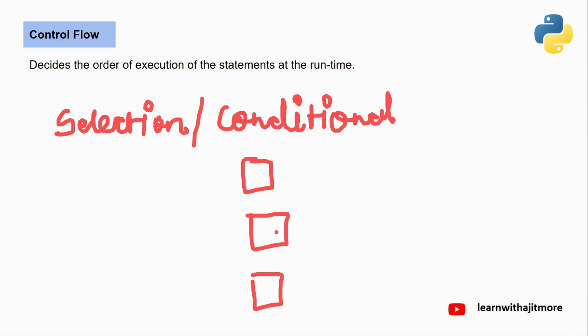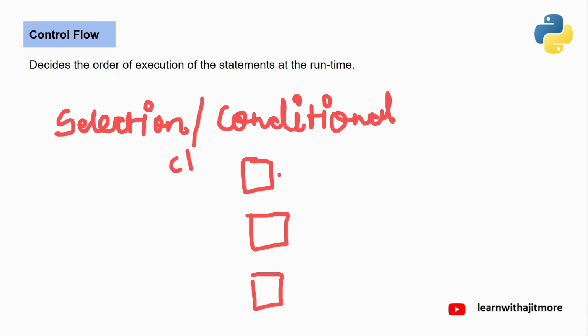You have multiple code blocks, and every code block is doing something, but you don't want to run each and every one. You want to run only one code block from the multiple code blocks, and it is selected on the basis of a condition.